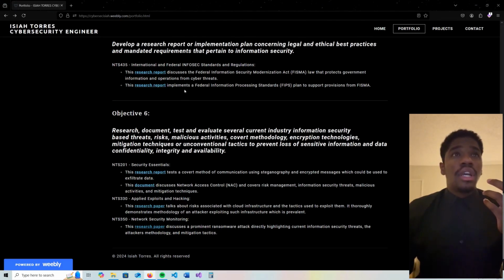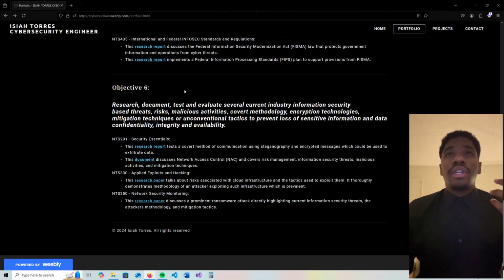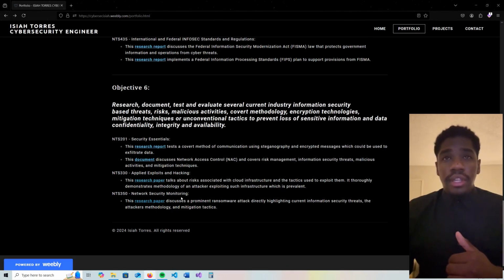Objective 6, research, document, test, and evaluate current industry information security-based threats, risks, malicious activities, covert methodologies, encryption technologies, mitigation techniques, etc., to prevent loss of sensitive information and data. So one covert method of communication and encryption was steganography.